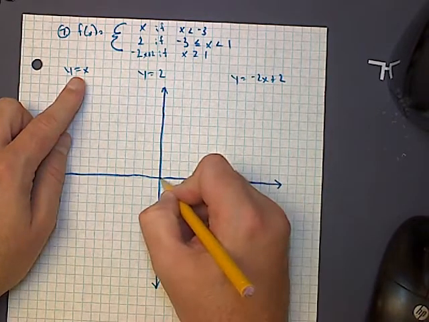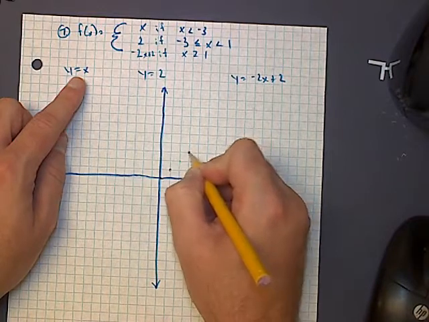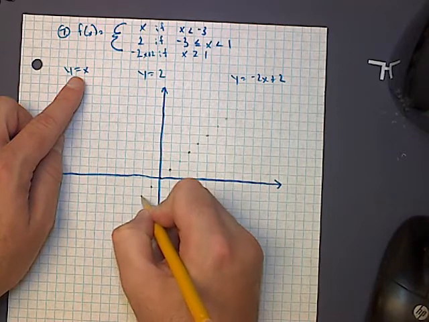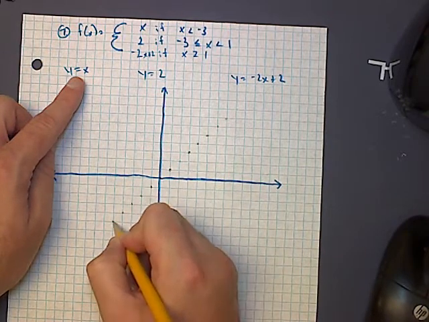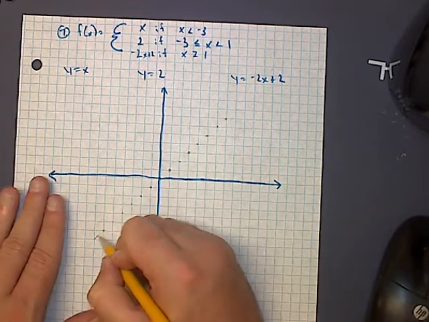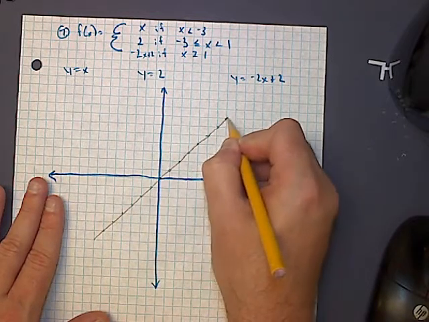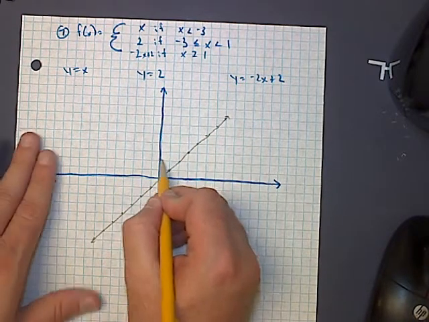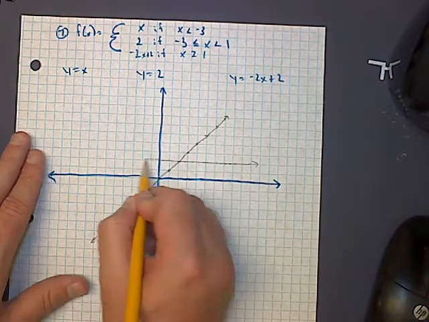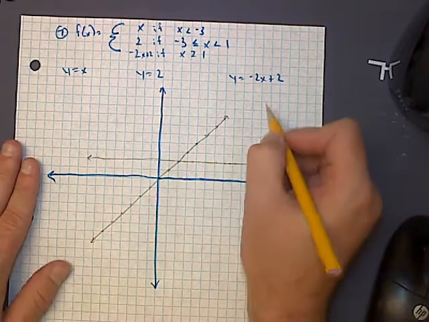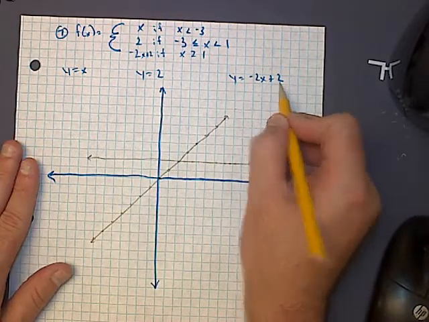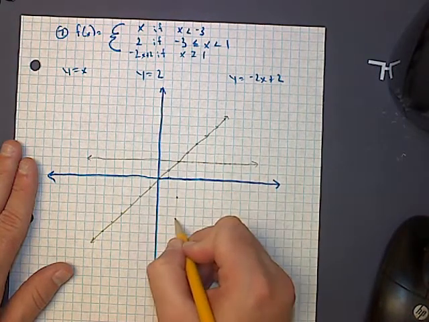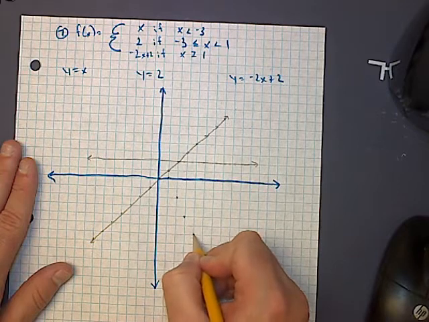Slope is 1, y-intercept is 0. Y equals 2, you go to the y-axis of 2 and draw a horizontal line. And then y equals negative 2x plus 2. Y-intercept is 2. Slope is negative. Down 2 over 1. Down 2 over 1.